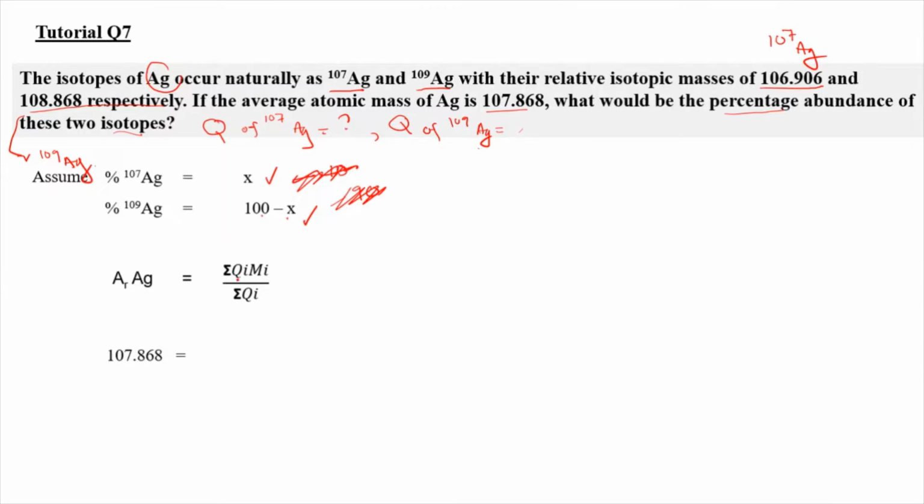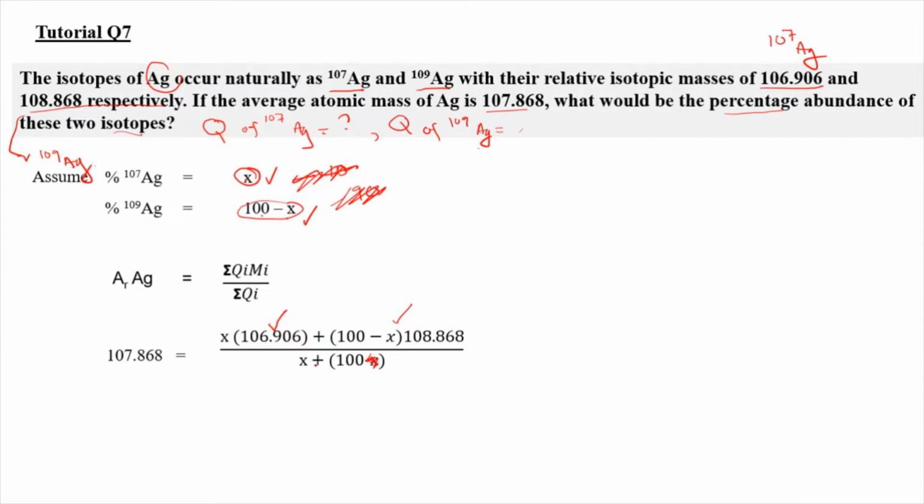And we're going to do the multiplication of the Q of 107 Ag, which is X, multiplied by 106.906. So this one is correct. And 100 minus X will be multiplied by 108.868. So this one is correct. And X plus 100 minus X is basically equal to 100.